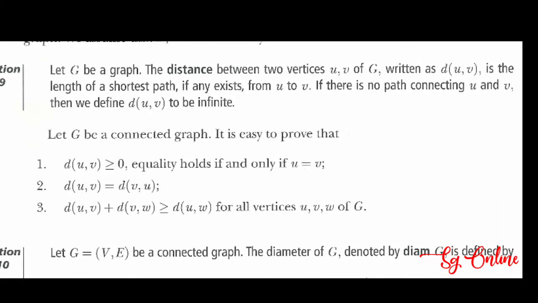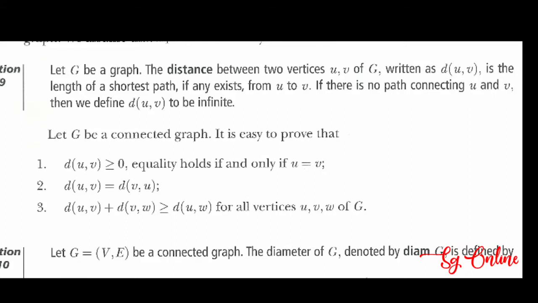It is always non-negative, and the equality holds, that is, d of u and v is equal to 0 if u and v are the same points. And it is also symmetric because the shortest path from u to v is the same as the shortest path from v to u, since we are considering undirected graphs, and therefore d of uv is equal to d of vu.